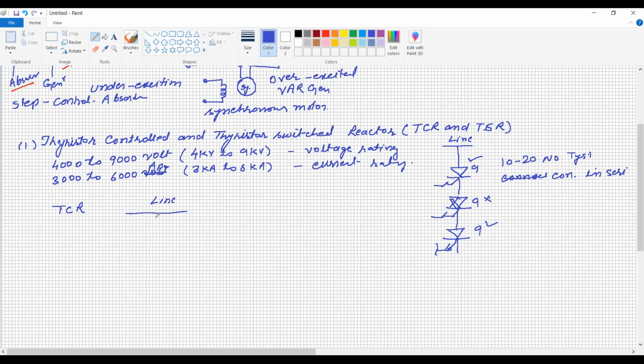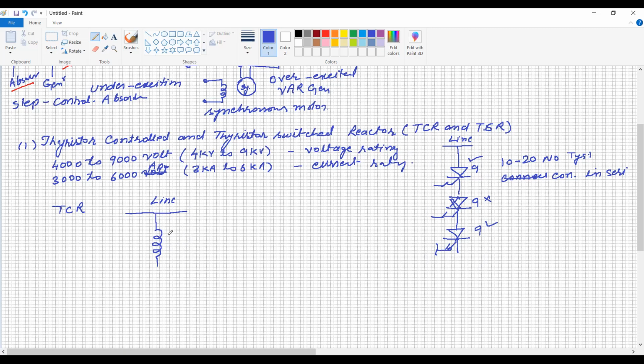For simplicity, instead of drawing the number of power semiconductor devices connected in parallel for the line voltage requirement, we simply represent a single valve. So this is the inductor whose responsibility is to absorb the reactive power.